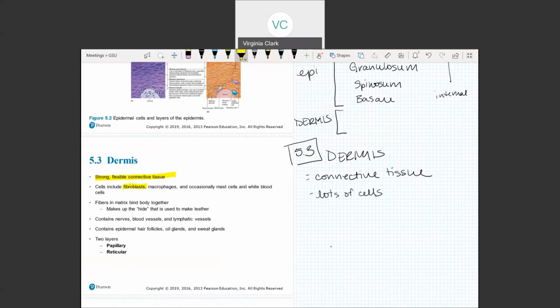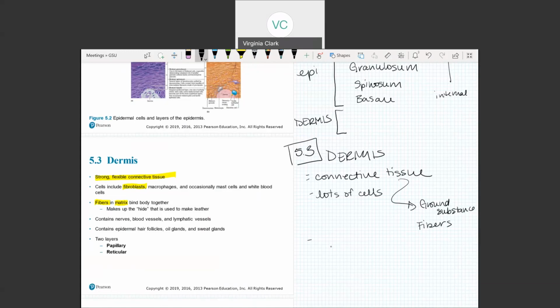Remember, it's a connective tissue, so there's going to be an extracellular matrix made up of fibers and ground substance. That's what makes up a connective tissue. These fibers really bind this particular layer together.